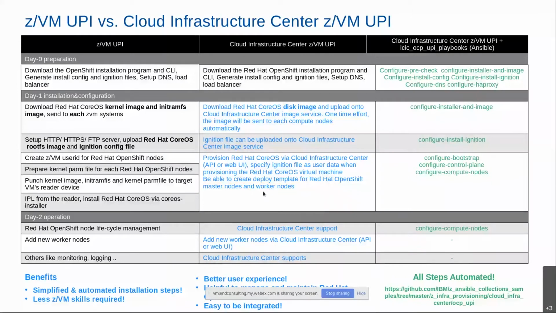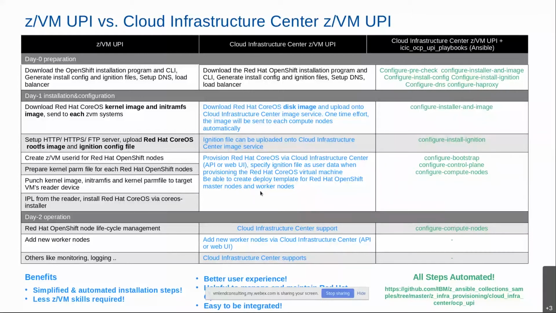By using Cloud Infrastructure Center, users can upload Red Hat CoreOS images and ignition config files onto the Cloud Infrastructure Center image server, and then create a Red Hat CoreOS virtual machine by sending just one API request or just a few clicks from the web UI. As you know, this is a very important step in OpenShift Container Platform UPI install. And I will demo this later.